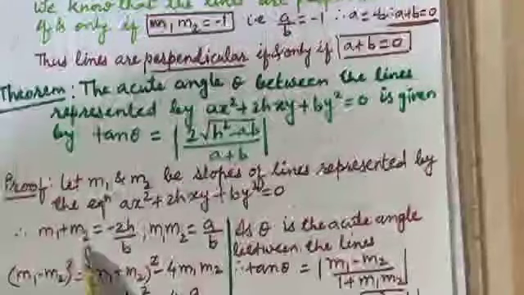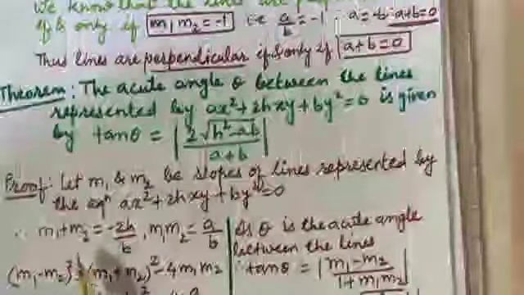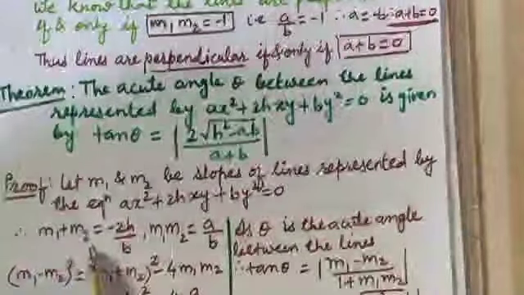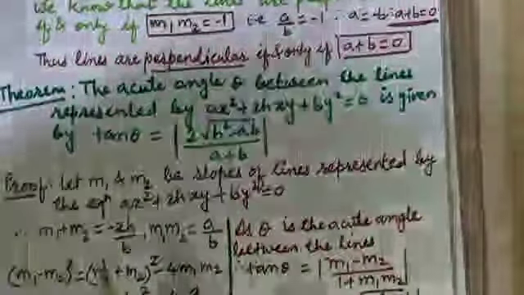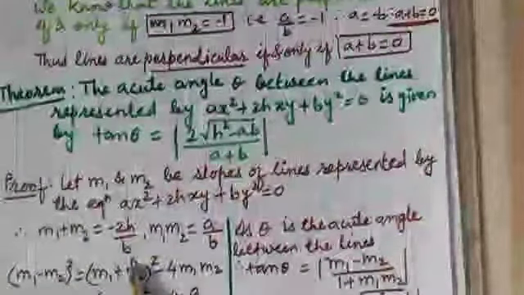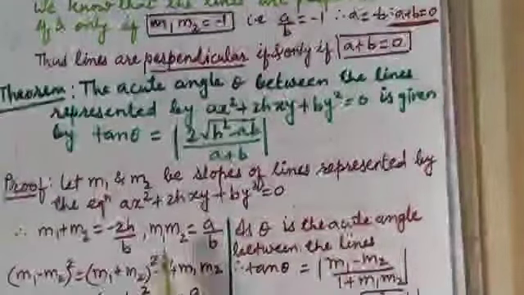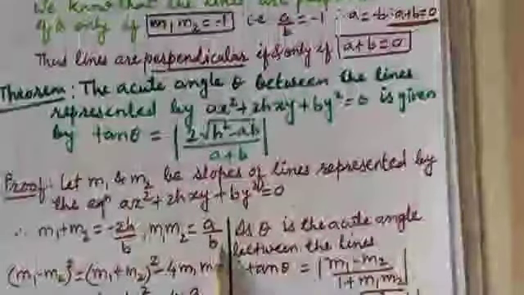Therefore, the sum of the slopes m1 plus m2 is equal to minus 2h by b, and m1 into m2 is equal to a by b.